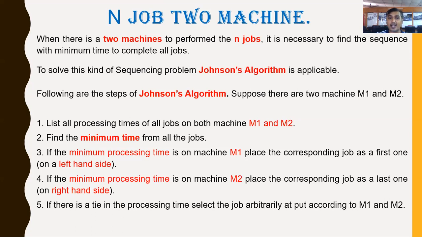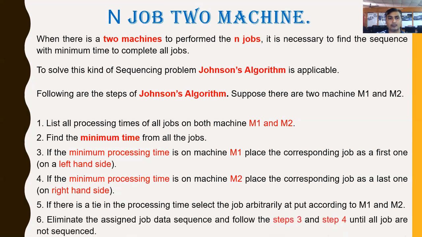If there is a tie in the processing time, select the job arbitrarily and place it according to M1 and M2. In that, we try first come first serve. And the last step, eliminate the assigned job from the data and follow step 3 and step 4 until all jobs are in sequence.